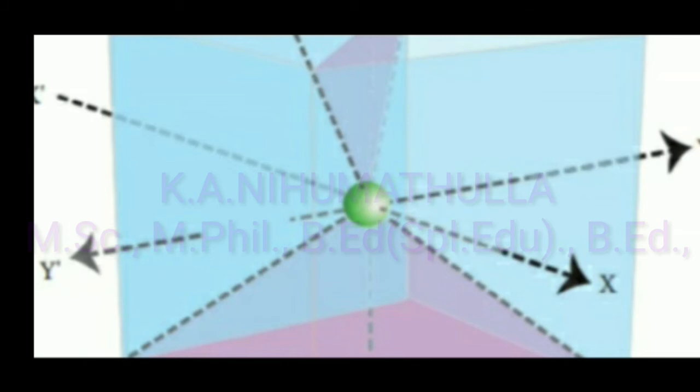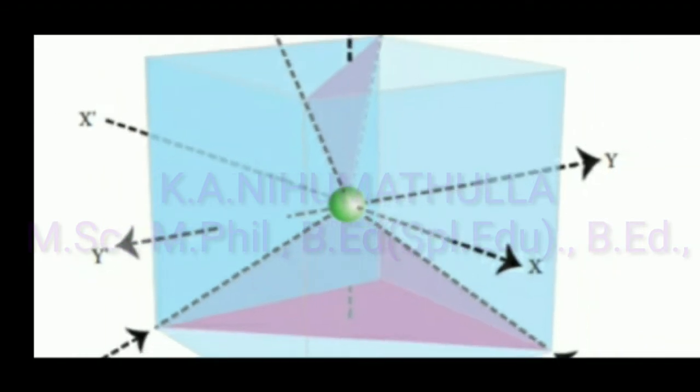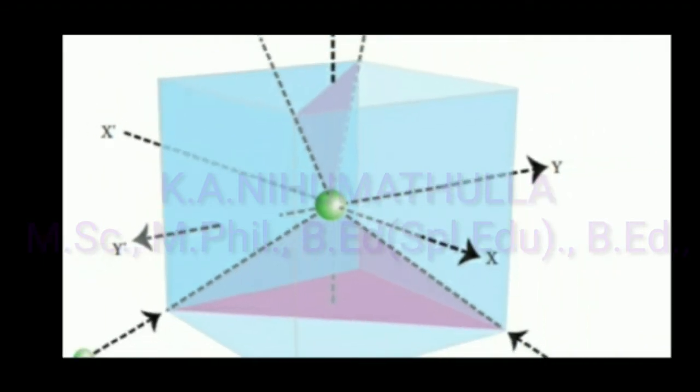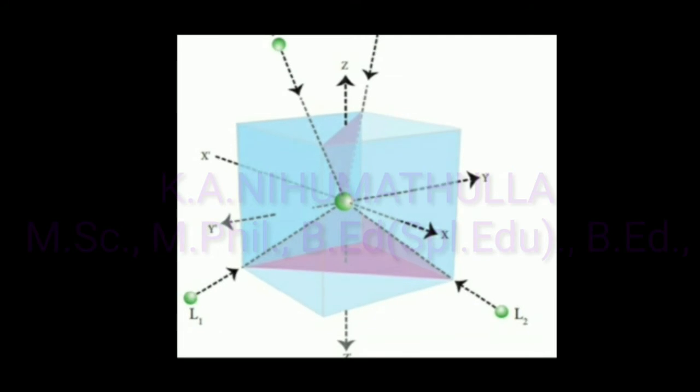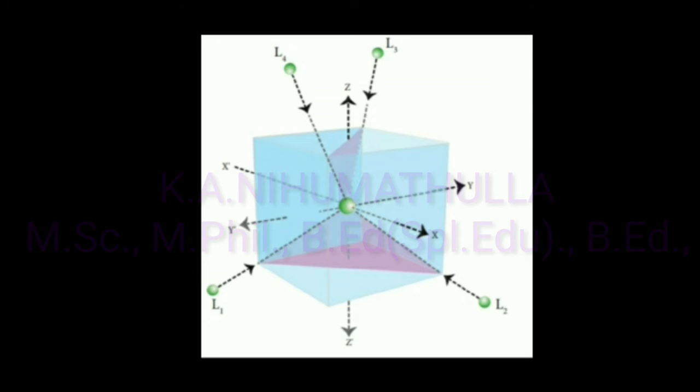All the axes x, minus x, y, minus y, z, minus z pass through the central metal ion, and in tetrahedral complexes we know the coordination number is 4. Therefore, four ligands L1, L2, L3, L4 approach the central metal ion not in the actual bond direction, not in the axis direction.